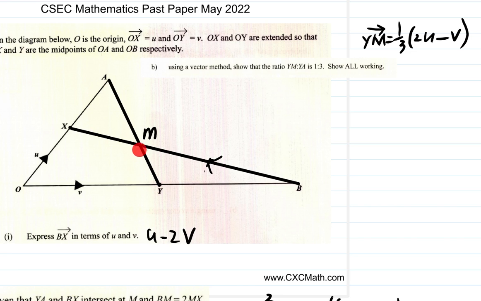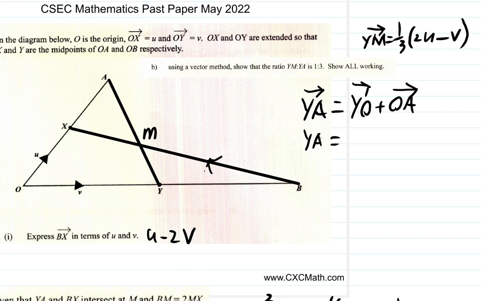We can go from Y to A, but you can also go from Y to O, then O to A. So what you can say is YA equals YO plus OA. Alright?